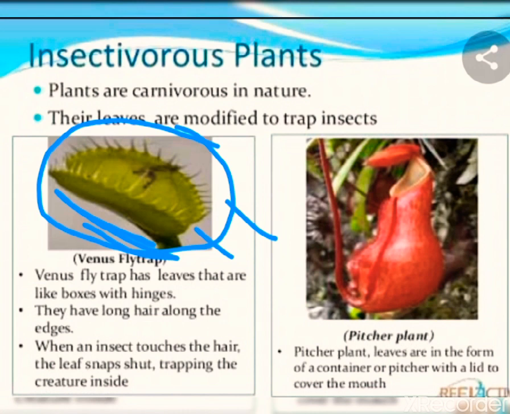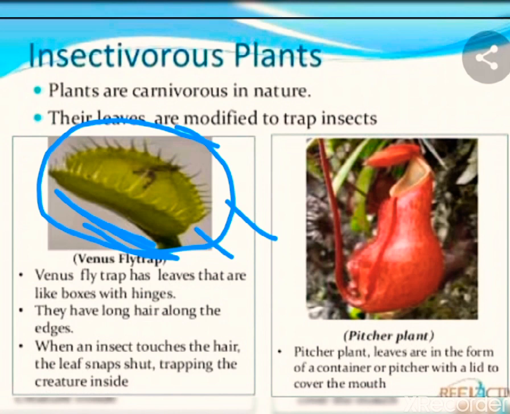And what happens? The petiole of the leaf coils like a tendril. In my previous video, I have already told you what is a tendril and what is a petiole. So the petiole of a leaf coils up and forms a tendril, a coiled structure. And once the insect enters the pitcher plant, what happens?